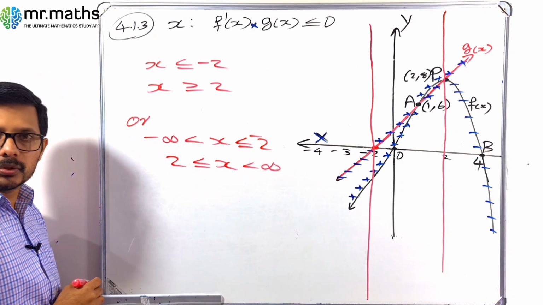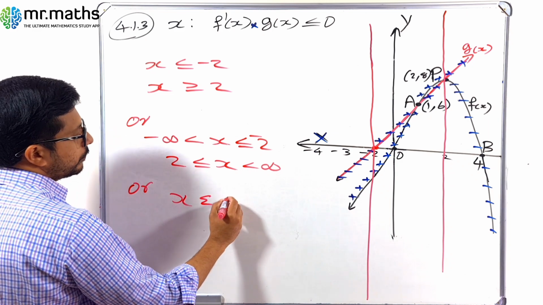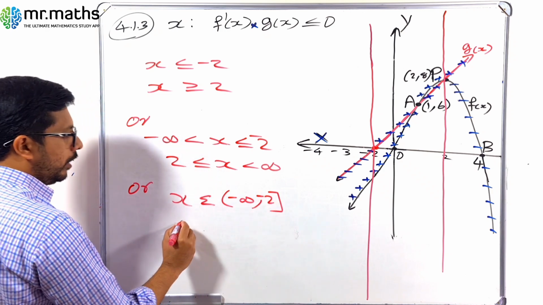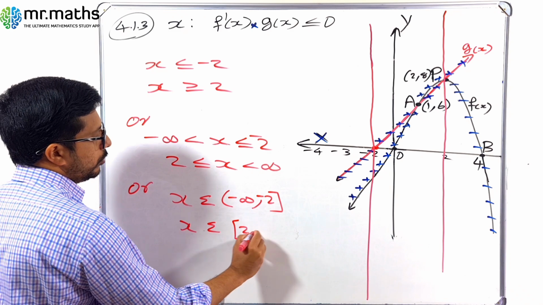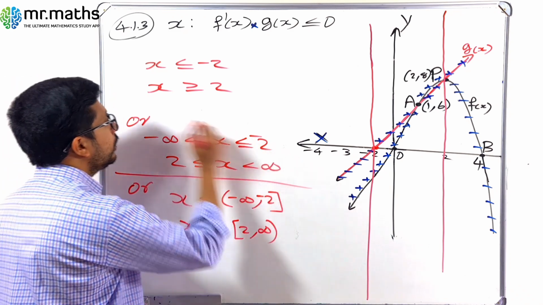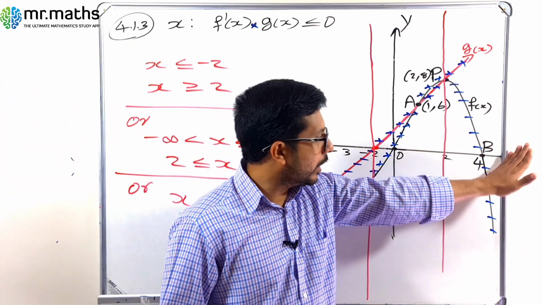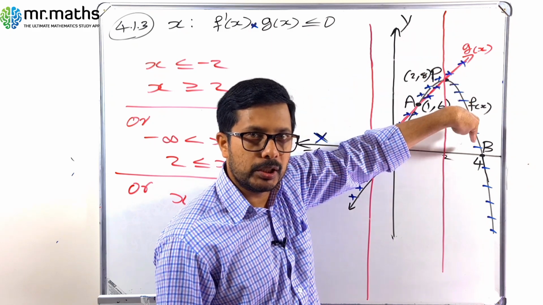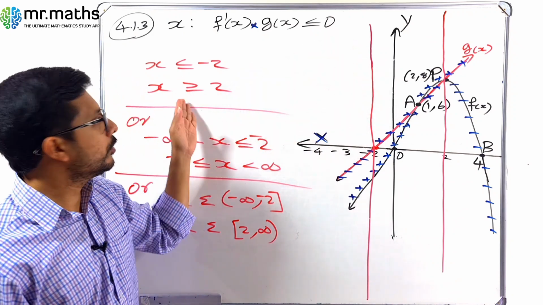You can write it like this also, or x is an element of minus infinity to -2, and x is an element of 2 to positive infinity. You don't have to write all of these, any one form you can write. So when x is greater than 2, one is positive and the other one is negative. Positive times negative is negative, and we want the negative answer. So these are the two answers.